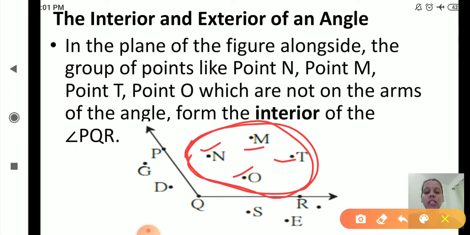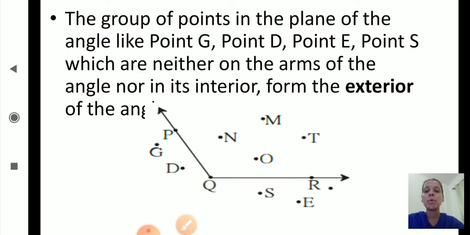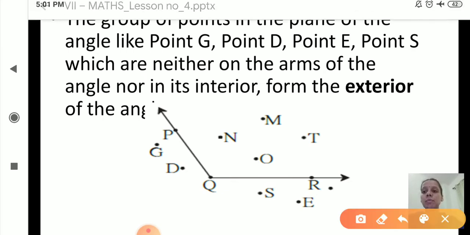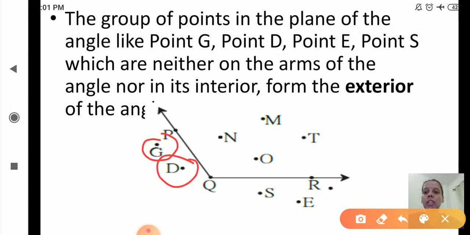Now we will see the exterior points. As you can see here, the group of points in the plane of the angle like point G, point D, point E and point S, which are neither on the arms of the angle nor in its interior. They are not on the arms of an angle and they are not inside the angle, so they are called exterior points.